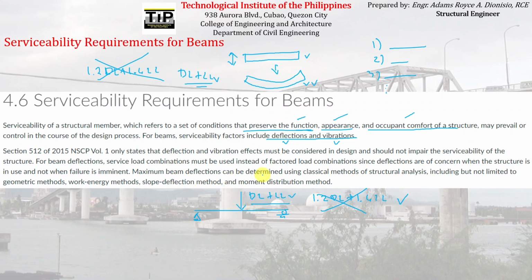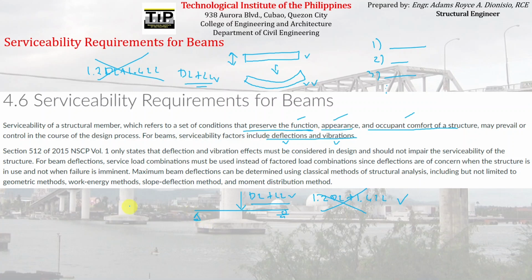Maximum beam deflections can be determined using classical methods of structural analysis, including but not limited to geometric methods, work energy methods, slope deflection method, and moment distribution method. So there are many methods to compute the deflection or maximum deflection that can be experienced by a flexural member such as a beam. Okay, so marami kayong inaral way back structural theory days, 'di ba?